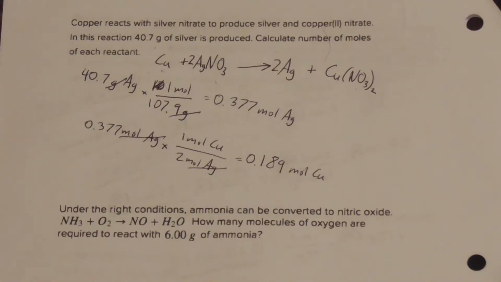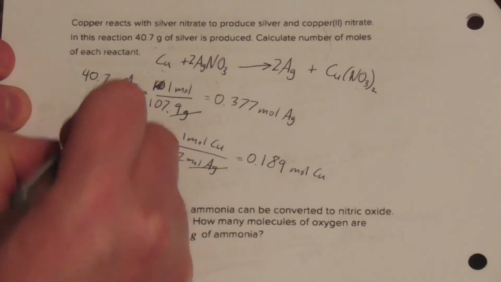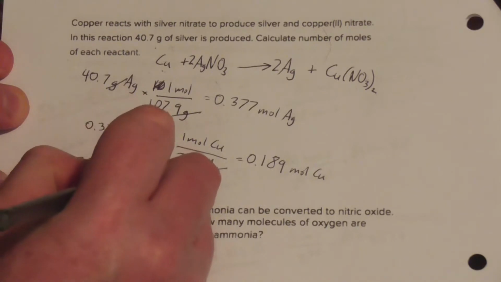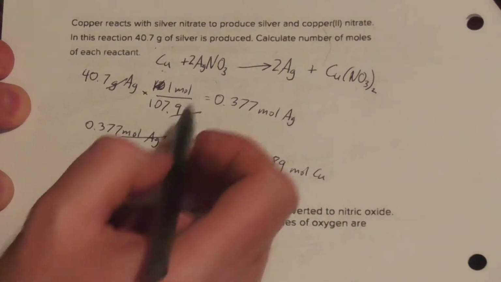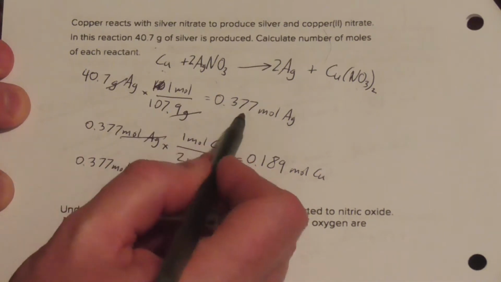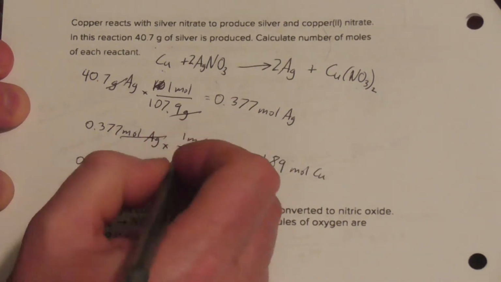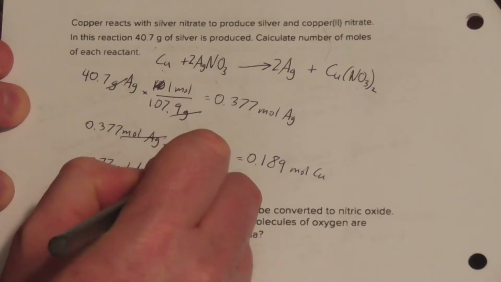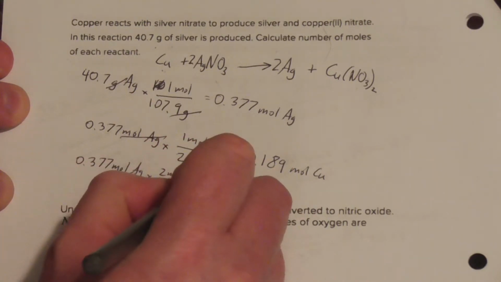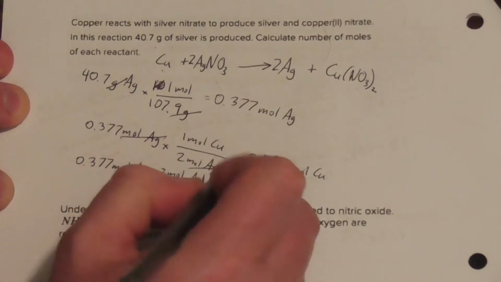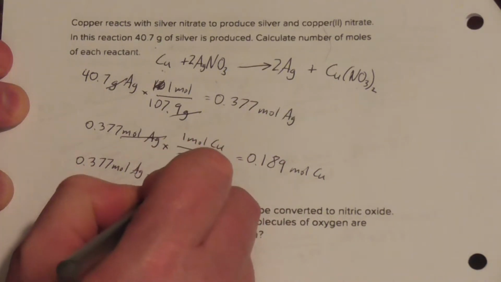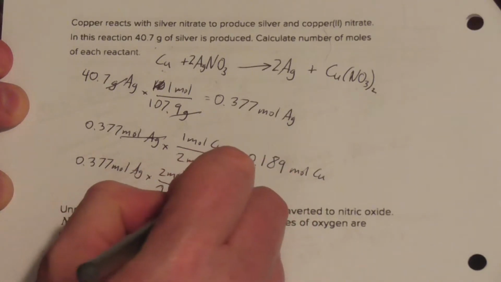And then I also have to find out my other reactant, which is silver nitrate. 0.377 moles of silver. I'm still using that because that is what I have in my reaction. Now, what's my mole ratio? What do I want to cancel out? I want to keep silver nitrate on top, and I have 2 moles of silver.